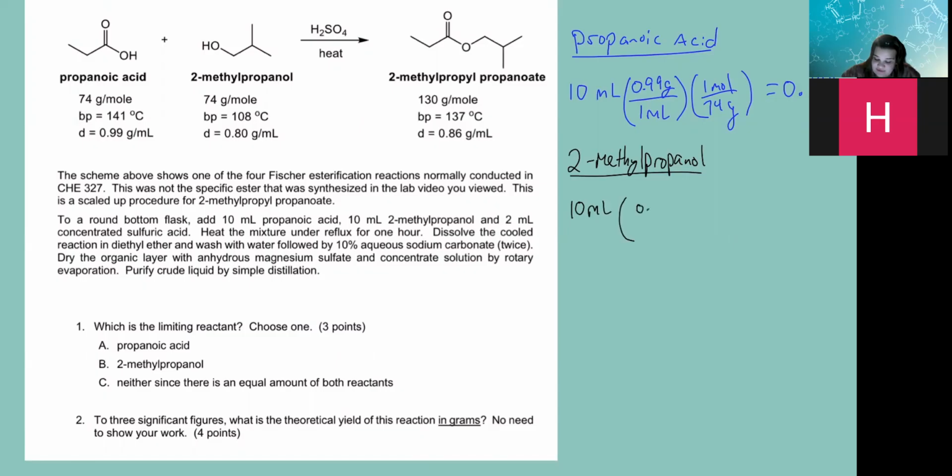Then the density is 0.80 grams per 1 ml. And then we multiply by the mass, which is 74 grams per 1 mole. And then we math it, and we get 10 times 0.8 over 74. And that equals 0.108 moles.